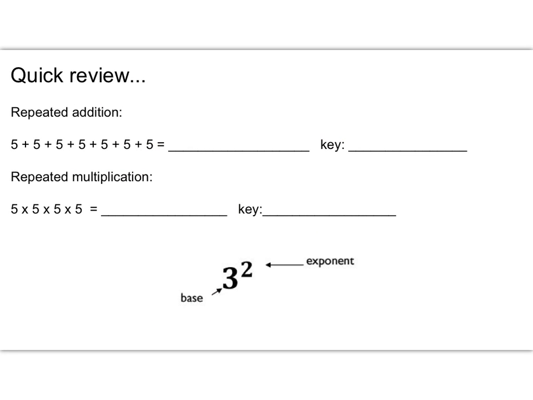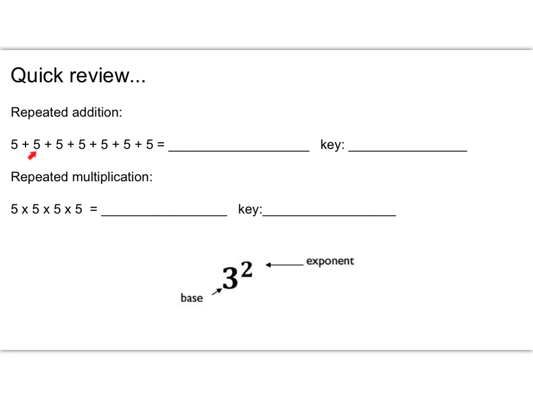Actually, we're going to do a quick review first. Just thinking about what we've already talked about, we did a little exercise yesterday about repeated addition, and we talked about how to do that in a more efficient way. If you look at this first question, we have 5 plus 5 plus 5 plus 5 plus 5 plus 5 plus 5.